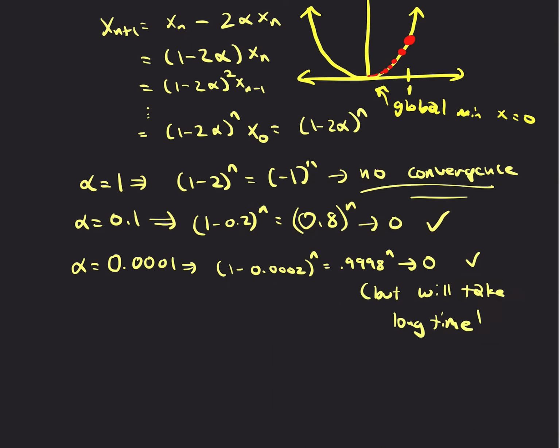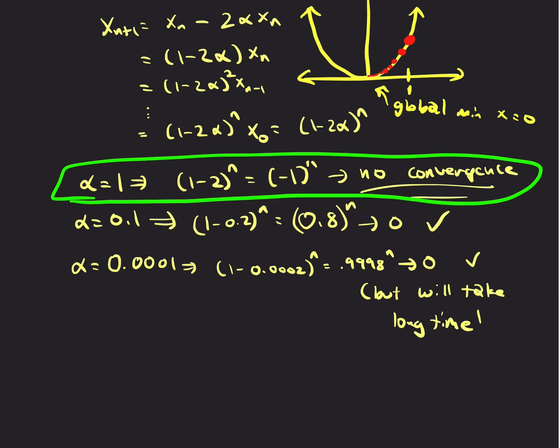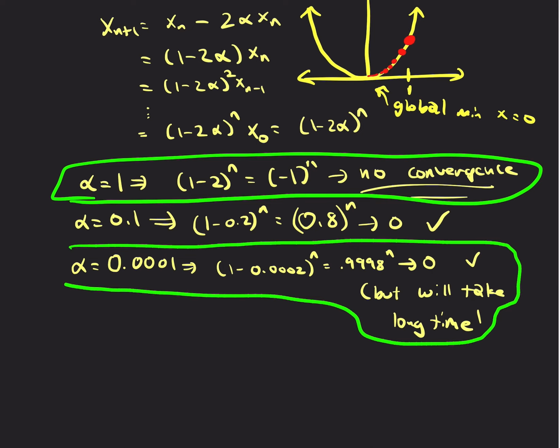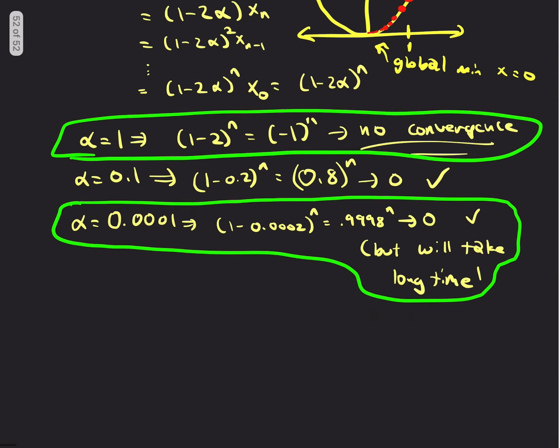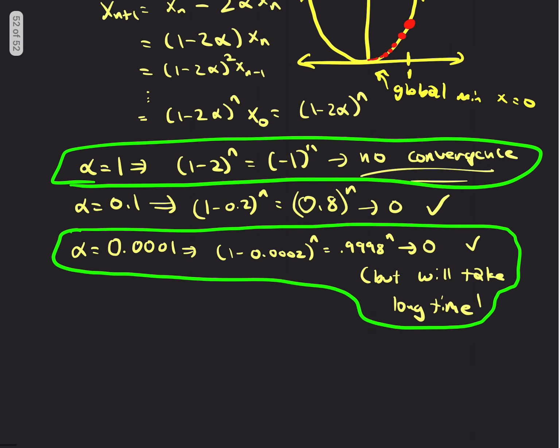So the problematic cases are the following. This first case where we don't converge at all because we took massive time steps, and we never even descended on the function. Because we took such a large step length that we no longer were capturing the local behavior of the function, right?